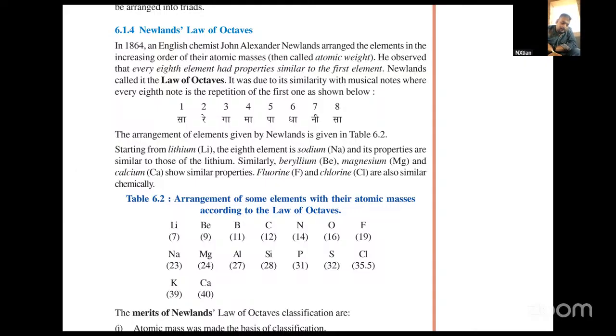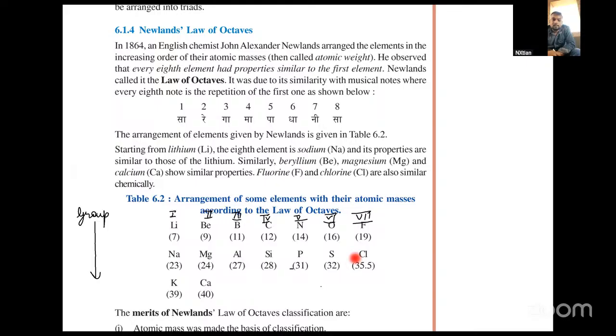If you go from up to down, this is called a group. This is the first group, this is second, third, fourth, fifth, sixth, and this is seventh. So he made seven groups, and in each group he showed that the elements have similar properties.